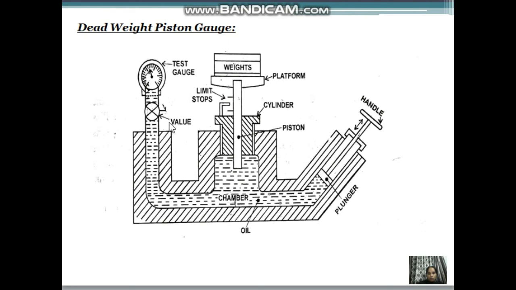Now the valve of the operator is opened so that the fluid pressure P is transmitted to the gauge, which makes the gauge indicate a pressure value. The pressure value shown by the gauge should be equal to the known input pressure P we calculated earlier. If the gauge indicates a value other than P, then the gauge is adjusted so that it reads P. This is how the dead weight piston gauge is used.